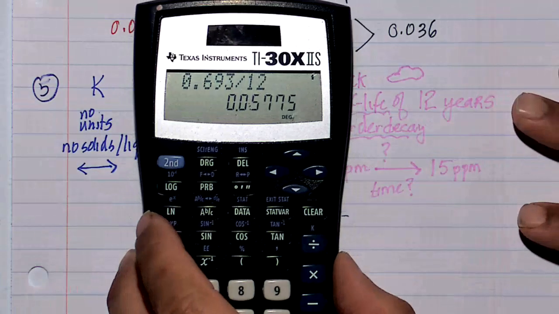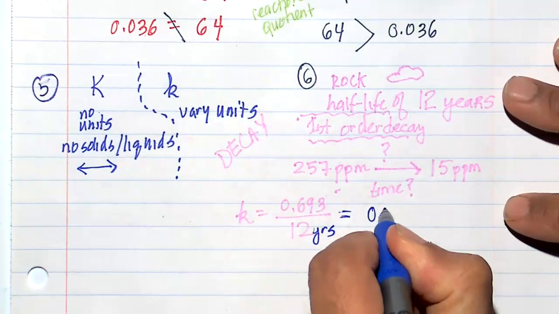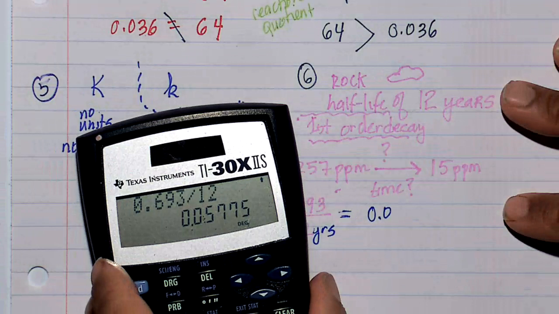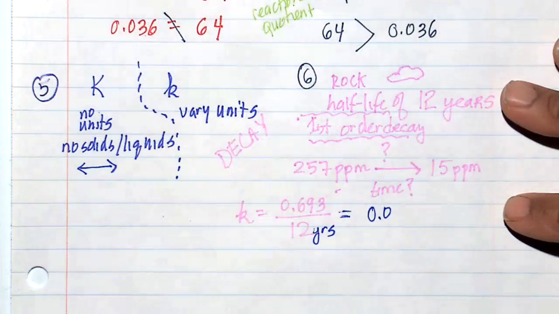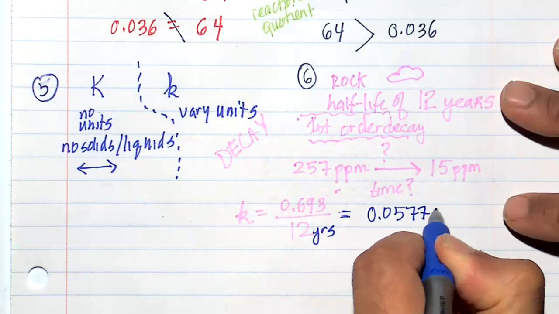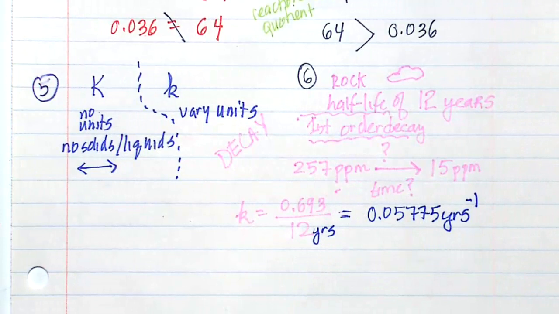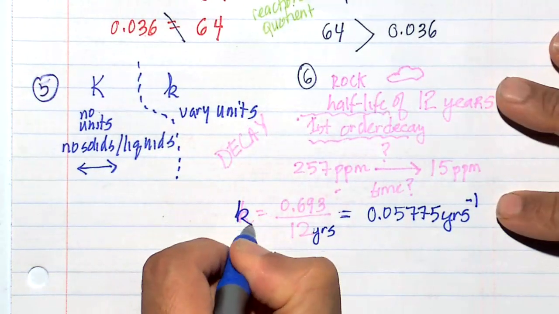Okay, 0.0577. I'll just put all the digits in: 0.05775 inverse years. Inverse years meaning I'll put the years to the power of -1. So this is our k.